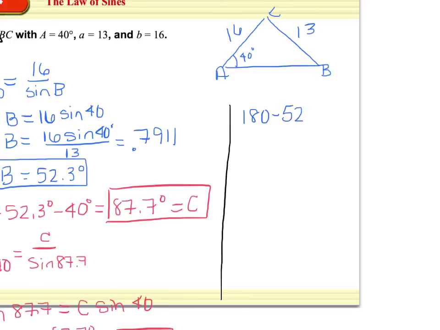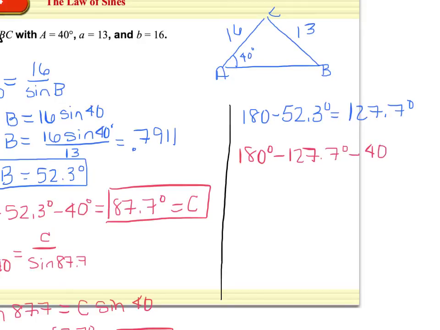So I'm going to subtract 52.3 degrees, and this is going to give me 127.7 degrees.